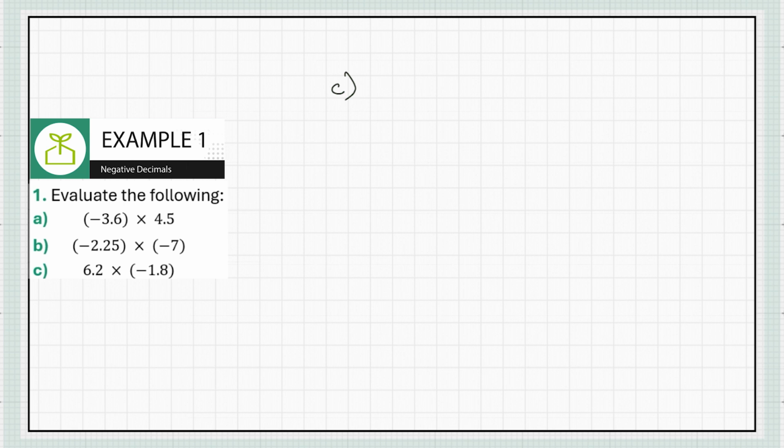Alright, now let's look at C. C is going to be 6.2 multiplied by minus 1.8. Because it's a positive multiplied by a negative, our answer in the end is going to be negative. And now we just need to do our long multiplication, 62 times 18.